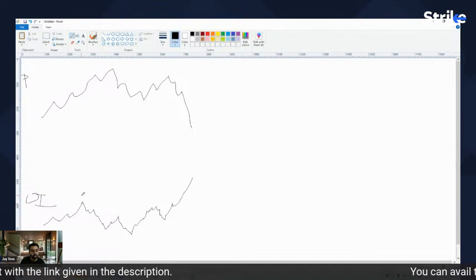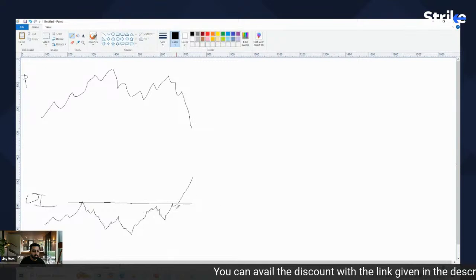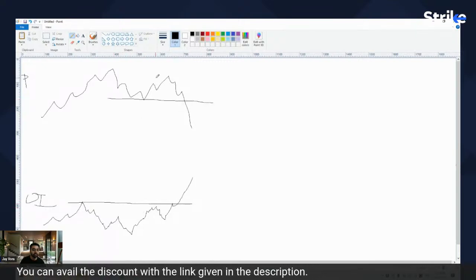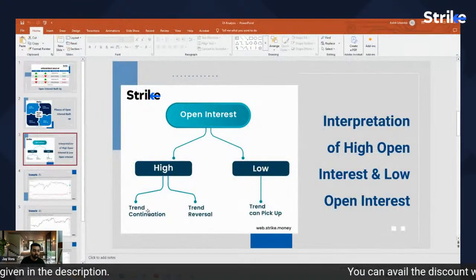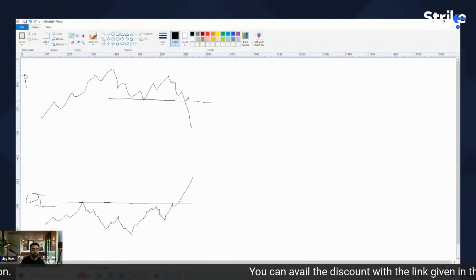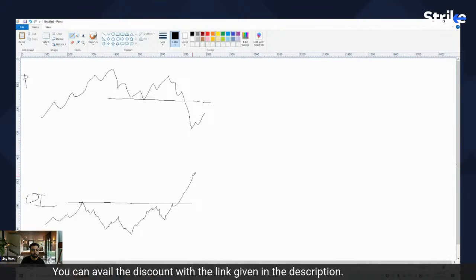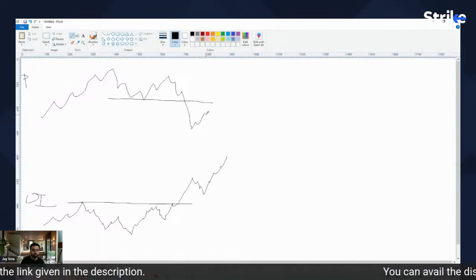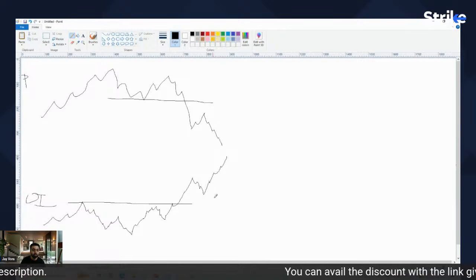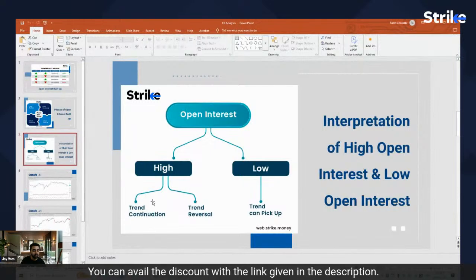Here you can see that the open interest is breaking out on the upside and the price action is breaking on the downside. This is a scenario where trend continuation can happen, which means this bearish trend will keep prevailing. So in between there will be some pullbacks and open interest will unwind, then again when it is making a new low, open interest will keep going higher, and this is a sign of a trend continuation.